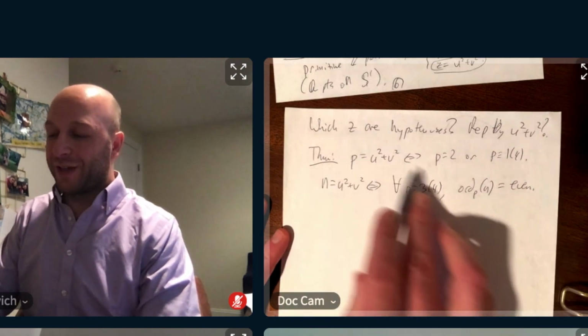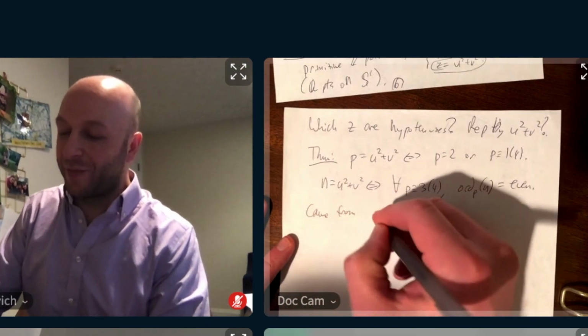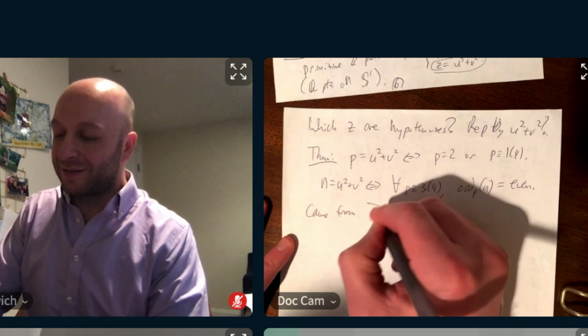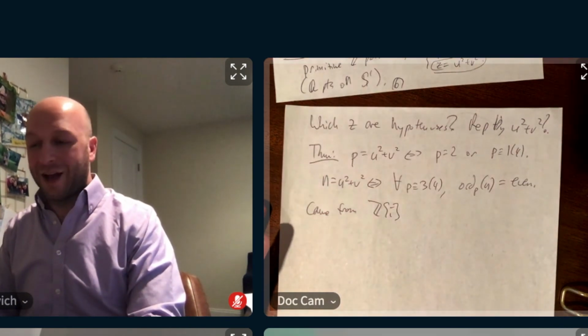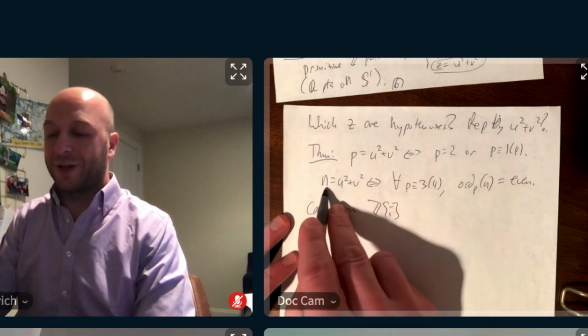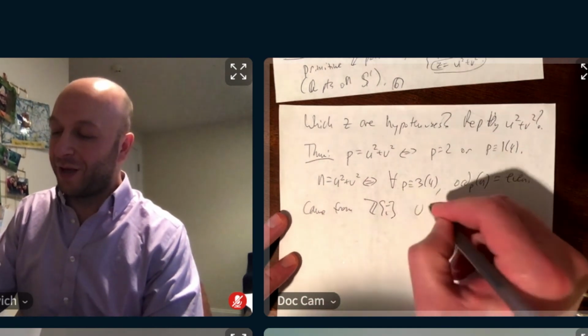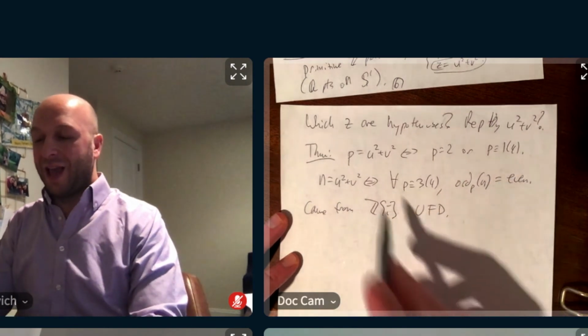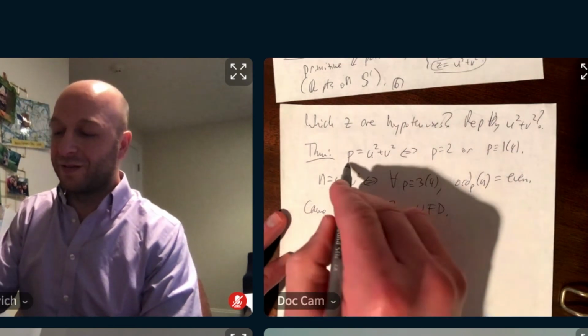And that all came from understanding unique factorization in the Gaussian integers, because this is expressing n as the norm of a Gaussian integer, and being a unique factorization domain. And we had a process that found a representation.